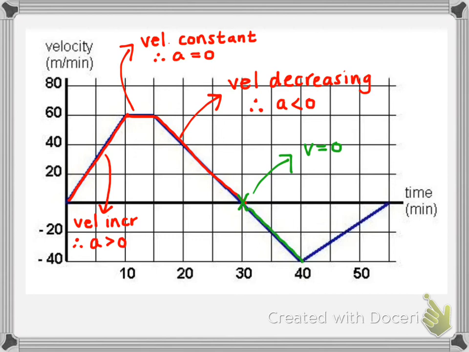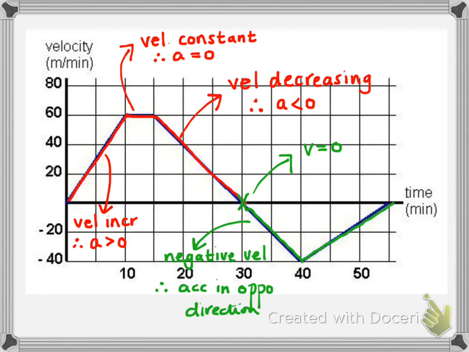The graph, however, continues in the opposite direction, that little green portion. And for the next 10 minutes, we have an increasing velocity, but it's in the negative direction. Remember, the positive and negative simply indicate direction. So here we have the object now just traveling in the opposite direction. It's accelerating in that direction, and because that direction is the negative direction, we have a negative gradient on that part of the graph.